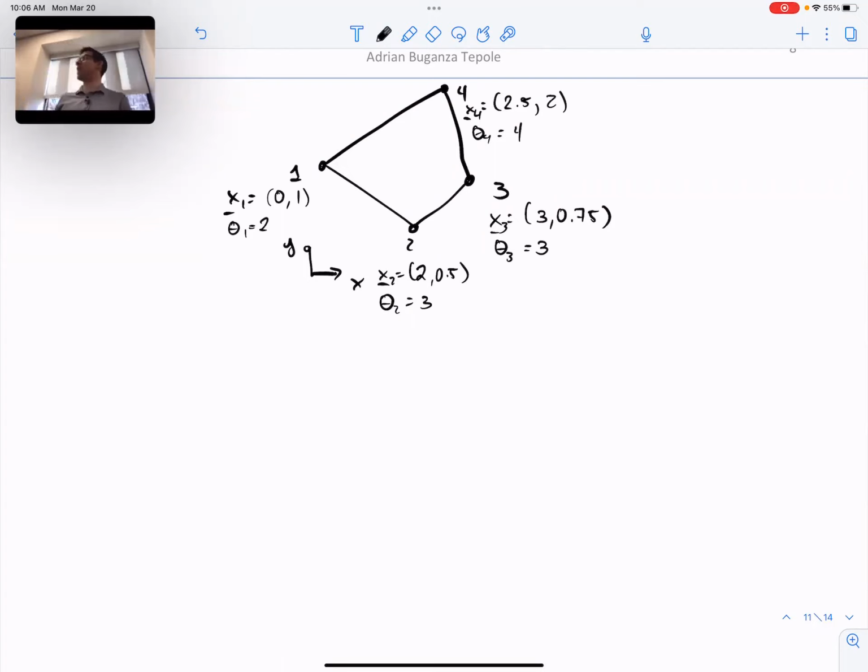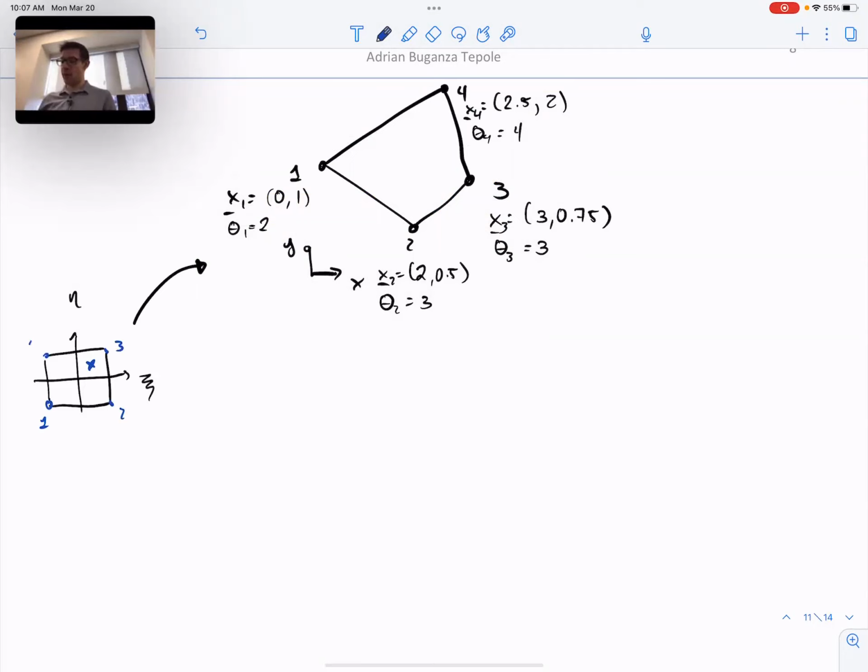So if we want to evaluate theta at some point inside of the triangle, actually the quadrilateral, what we need to do is think of our psi eta quadrilateral. And then same as for the triangle, we have two things that we can evaluate for any point here. And by the way, here they are 1, 2, 3, 4.